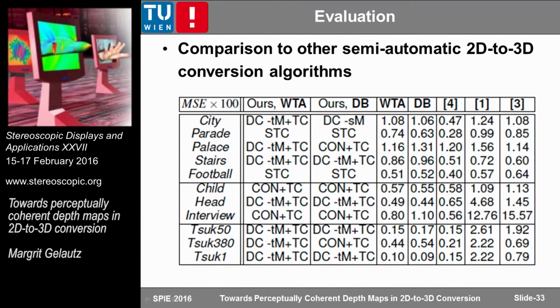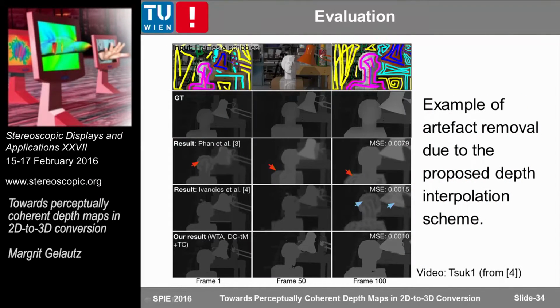The same applies to the algorithm by Fan, and we deliver very similar results to algorithm 4. So in 4 or 5 of the 11 test cases, we outperform them. So that means, in summary, the results of the algorithm are competitive with other state-of-the-art algorithms.